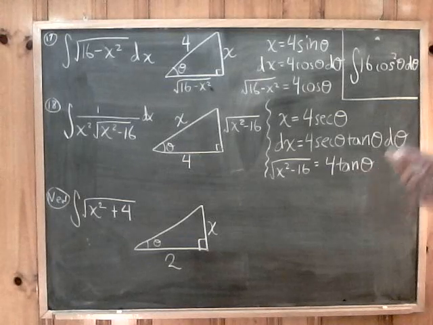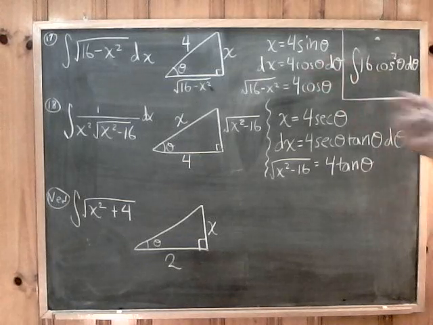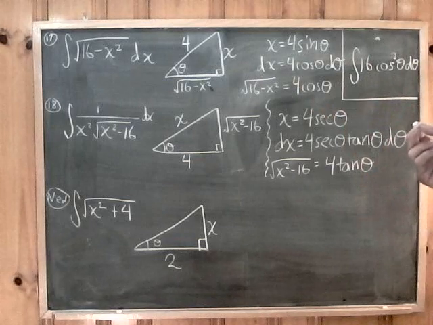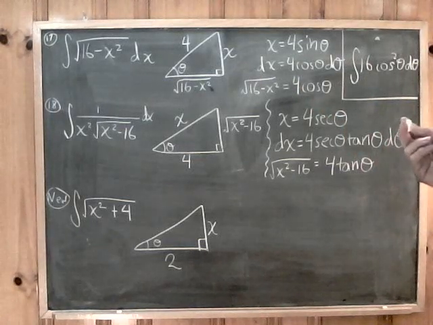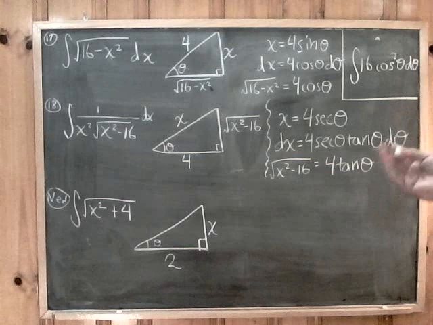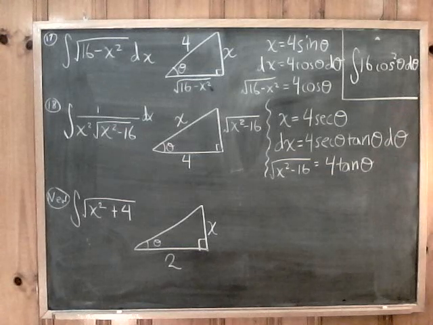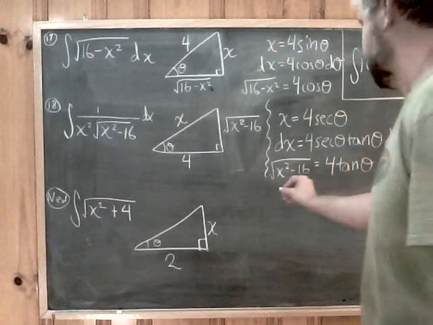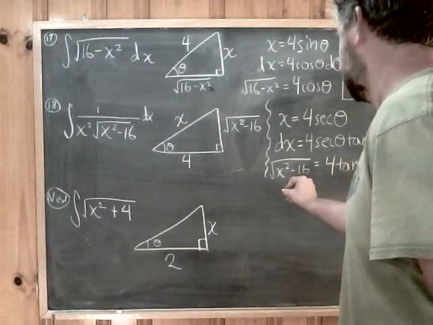All right, so the final answer for that one. I get 16 secant squared for the x squared, and on top I have 4 secant theta tangent theta d theta. I might have to erase this for the last one, but that'll be okay.